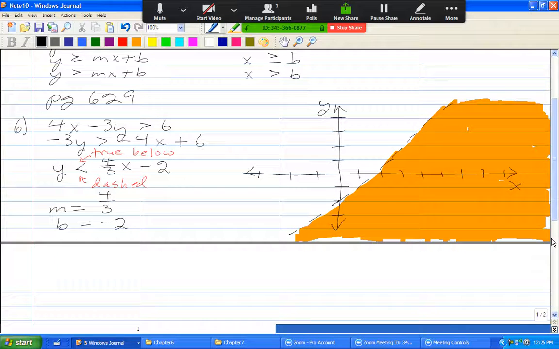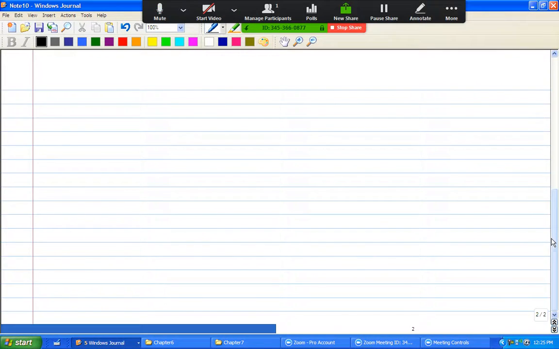Let's do problem 26. Suppose I have y less than 3x plus 2 and y less than negative 2x plus 3.